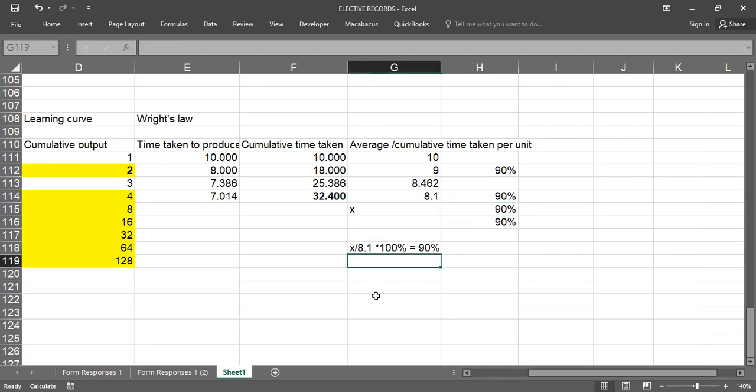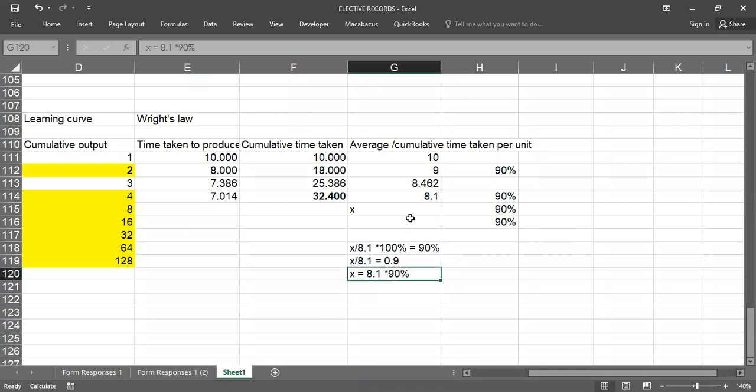Okay, so therefore you end up with X divided by 8.1 being equal to 0.9 or 90%. So when you cross multiply or you move it on this side, X will be equal to 8.1 times 90%.